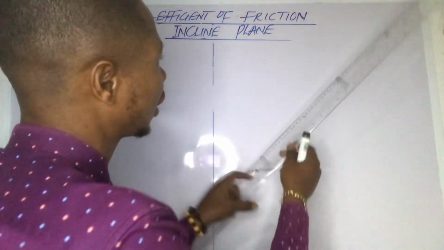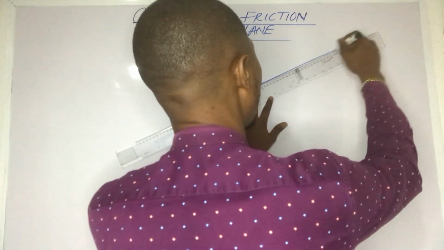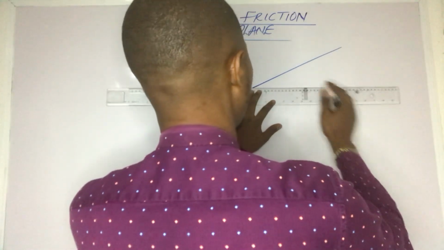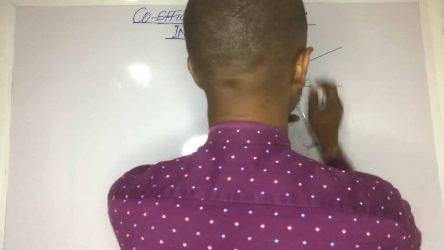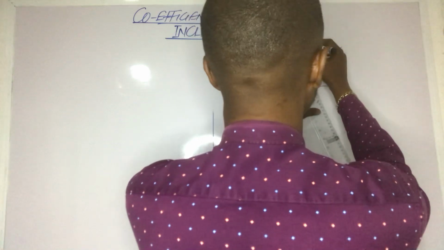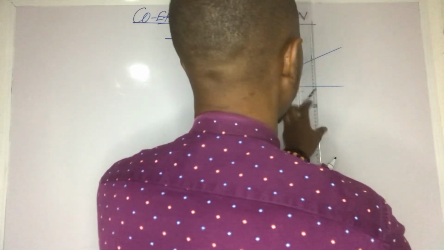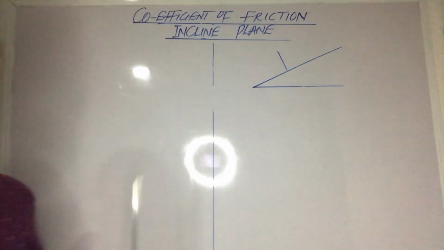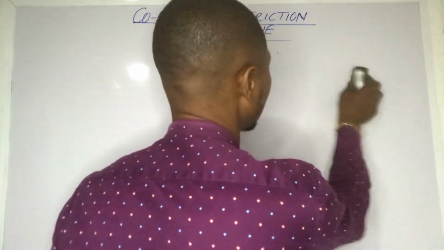Let's say there is an inclined plane. Let me redraw it like this.